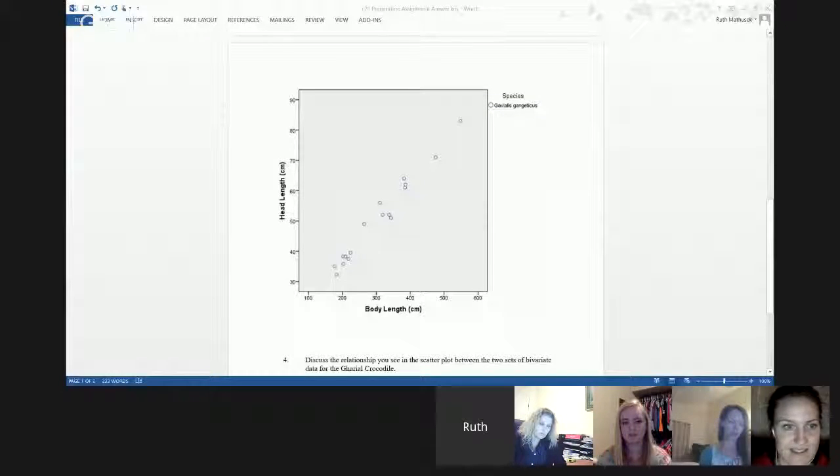So I do have one question on that. Does it matter which we put on the y-axis? Well, I think it said the explanatory variable goes in the... Which one is it? Let me find my notes. Where are my notes?